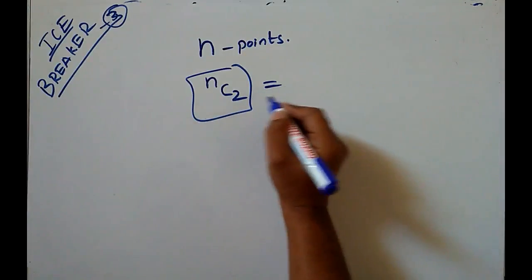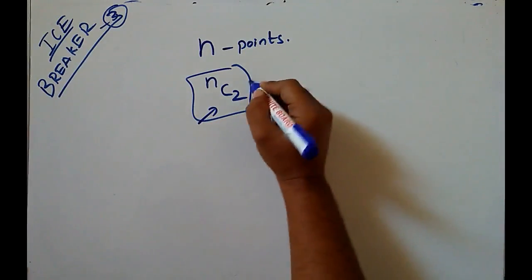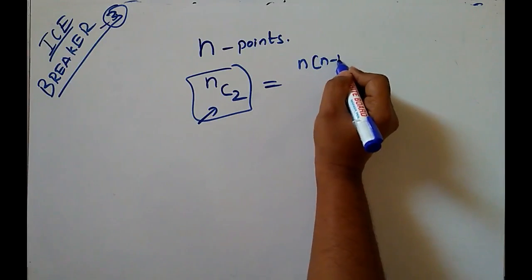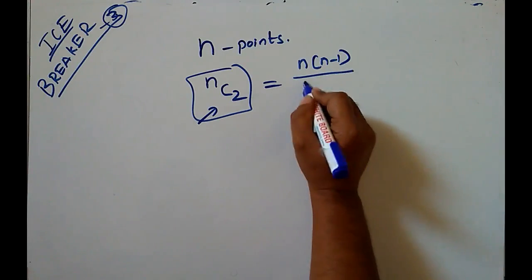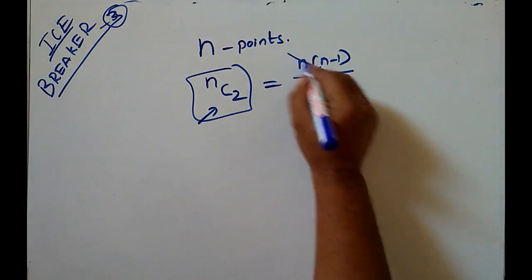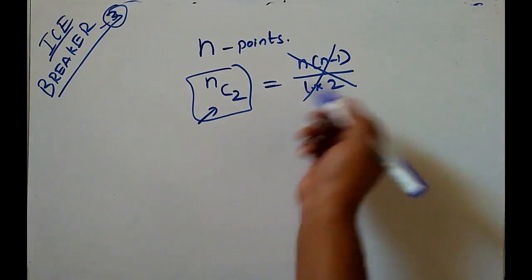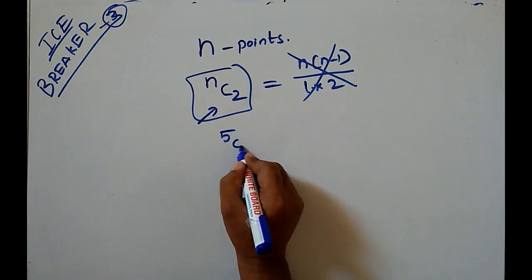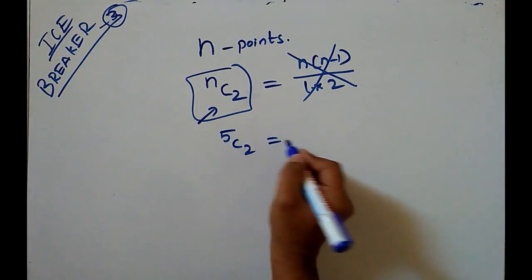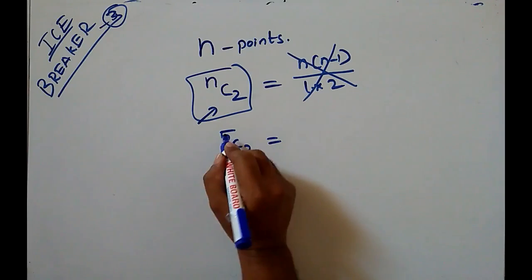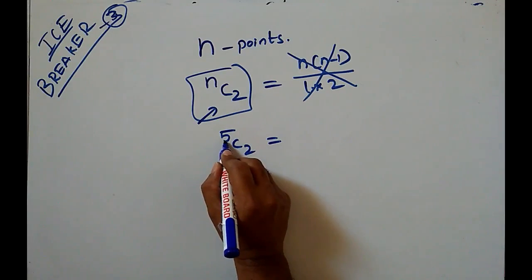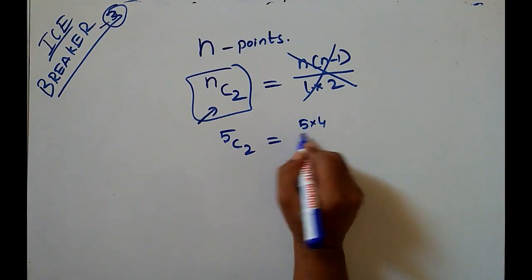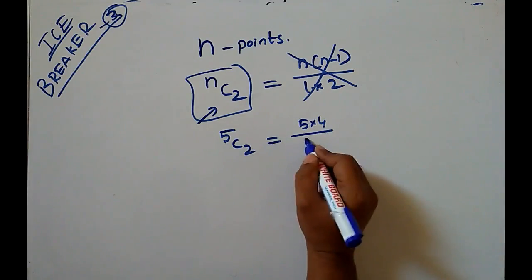This is very simple, friends. Here the formula goes like this: n into n minus 1 by 1 into 2. But don't remember this formula. How we have to solve this problem is very easy. If it is 5C2, in the numerator you write 5 and the next lesser number: 5 into 4 divided by 1 into 2.